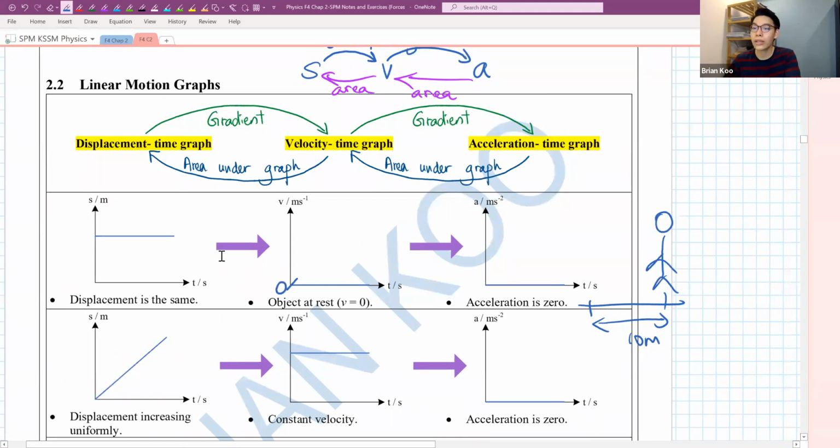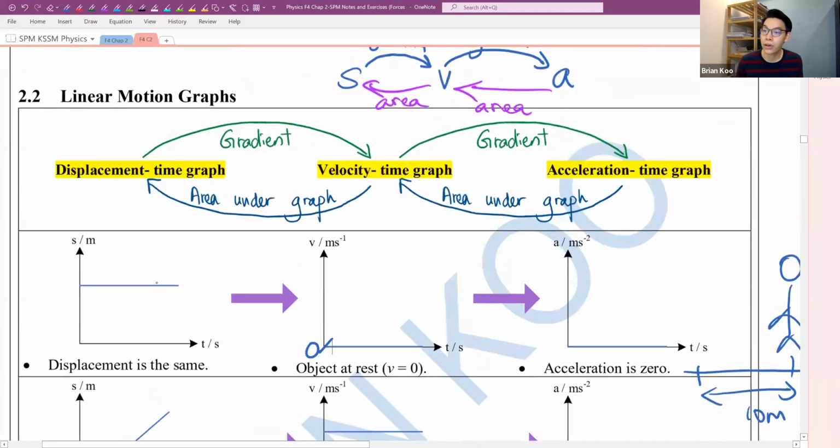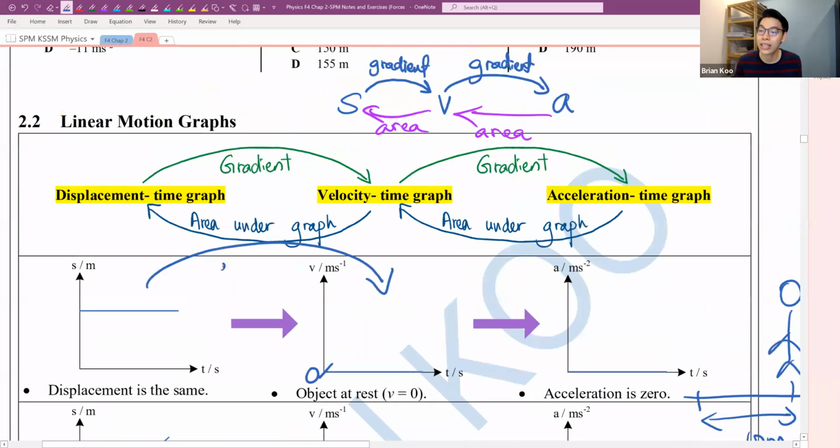But I also want you to understand this based on the concept of going forward, find the gradient. I need you guys to know why velocity is 0. Because the gradient of this line is equal to 0.